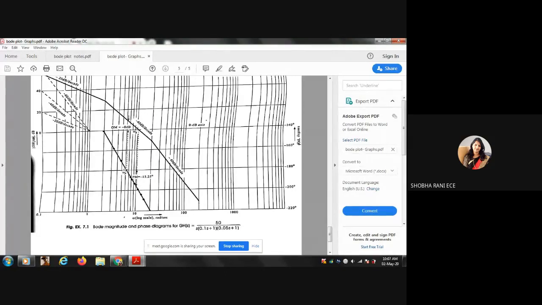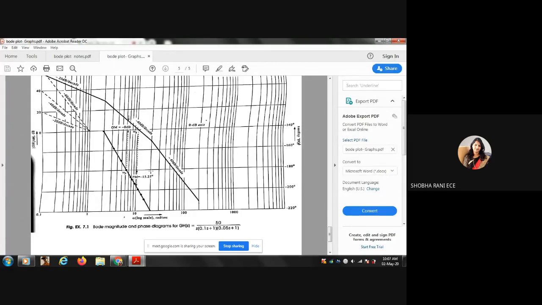Similarly, from your omega p, go up and see where it will intersect the magnitude plot. So you get two more points there. Those two points, you have to measure from the 0 dB line, and you have to measure from the minus 180 degree line.